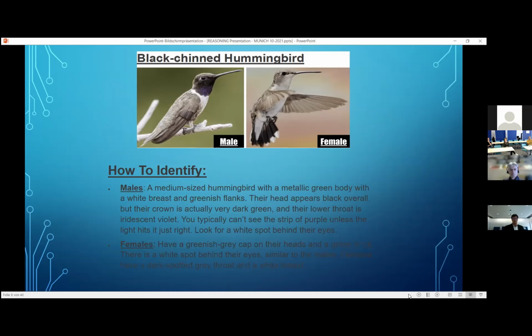It's the different description for the male and the female, but nonetheless, if you understood what these features were and you were in a field of hummingbirds, you could say, well, that one appears to be this type and this other one appears to be that type. And the reason that you can do that is because we have these working definitions that define what one hummingbird looks like versus another.